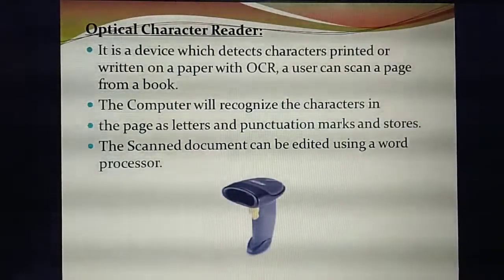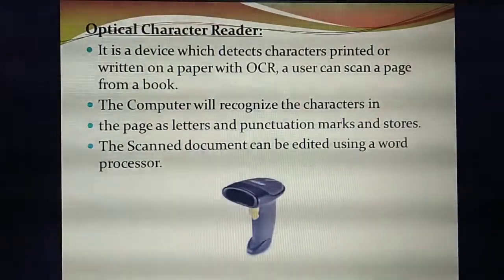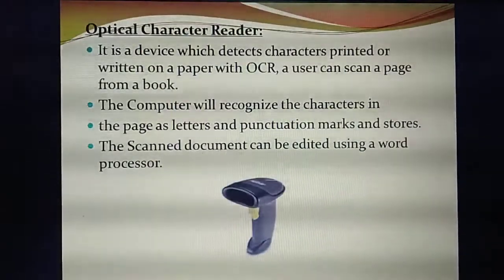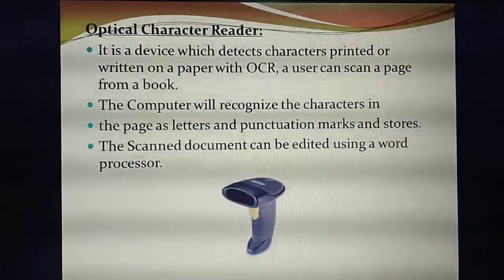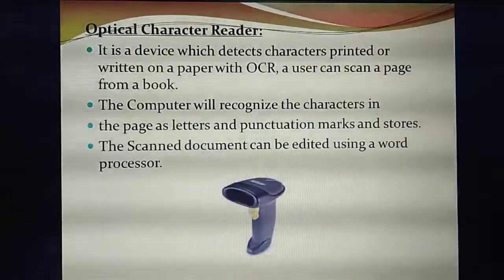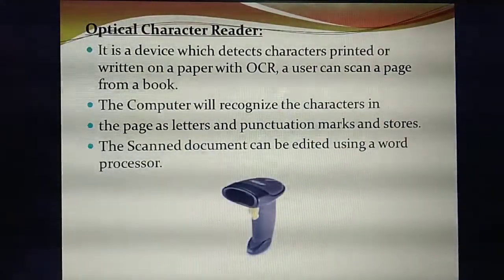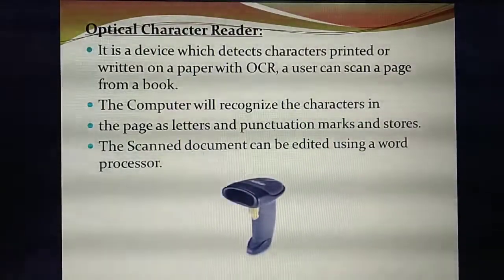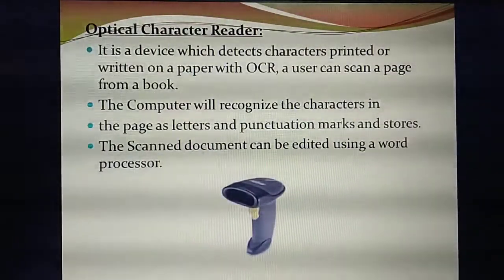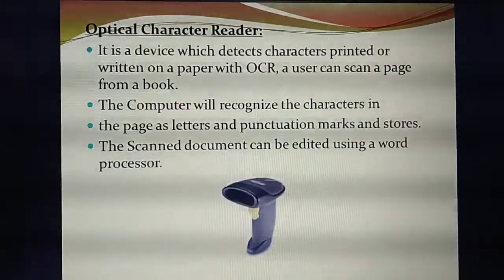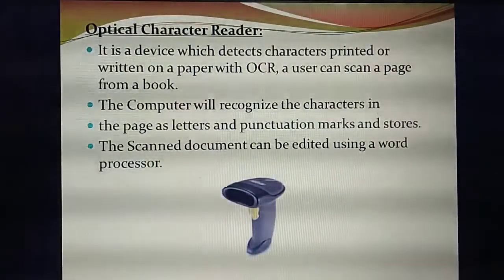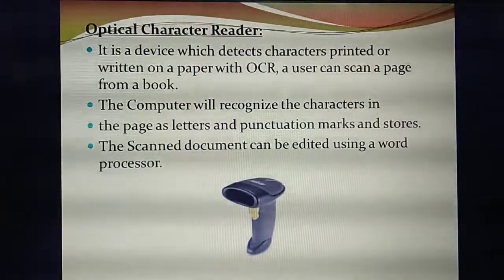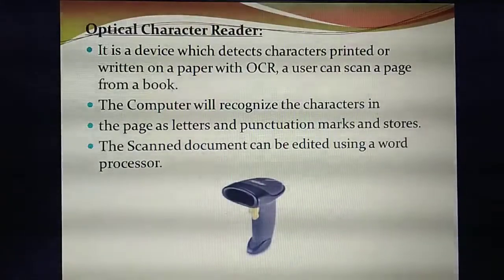After that, if you need to edit the document, you can edit it in the computer using MS Word, MS Excel, PowerPoint or anything. Understand what's the use of the optical character reader? Unlike a scanner, which scans only the full page, here you can scan particular characters printed on a paper, your written notes, or a full book.